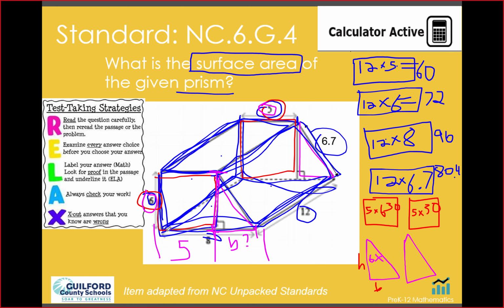Let me try green. So we're looking at the length of this entire thing is 8. But the square was only 5 units. So we actually have to do 8 minus 5, which is 3. So the base of our triangle is 3. So 6 times 3. And then we have to find 1/2 of that.